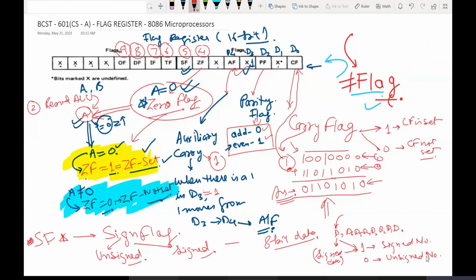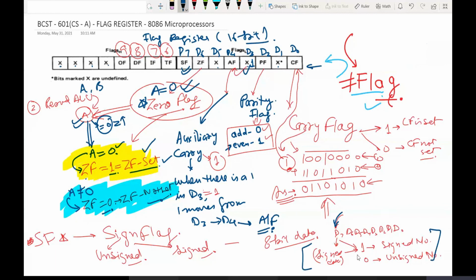Fine, the same location you can see over here. If I keep writing after D4 in the flag register, it is D5, it is D6 and this is D7. The sign flag is your D7, the same. We took the same location in order to identify the sign.